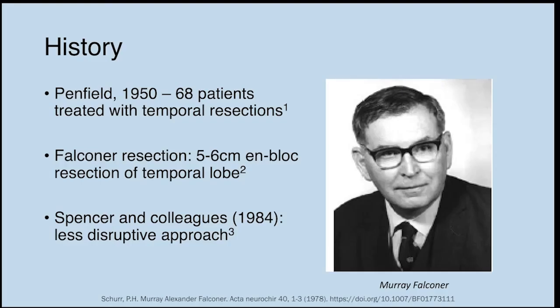In 1984, Spencer and colleagues described the modification of the technique that increased the access to medial temporal structures while minimizing the resection to the anterior inferior temporal pole and preserving the superior temporal gyrus. This was known as the selective amygdalo-hippocampectomy. Since then, a number of different methods have been described to minimize disruption to the lateral temporal cortex.